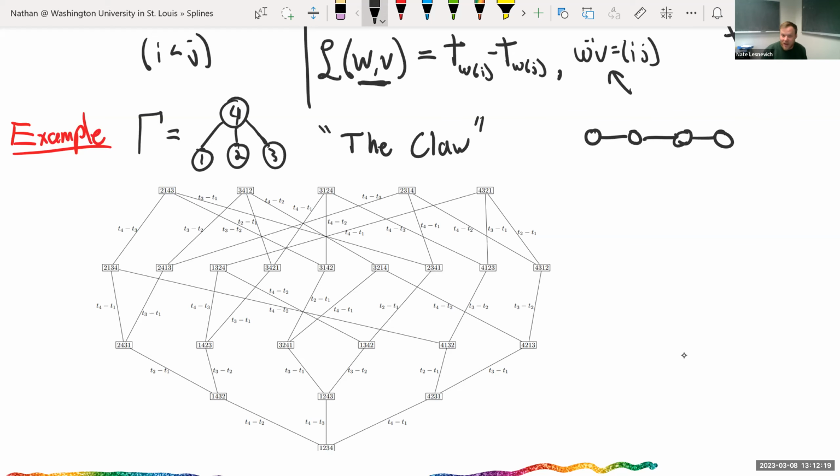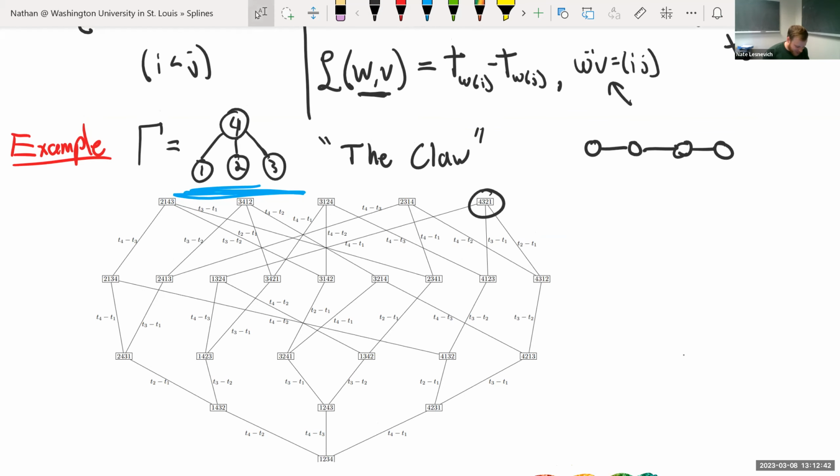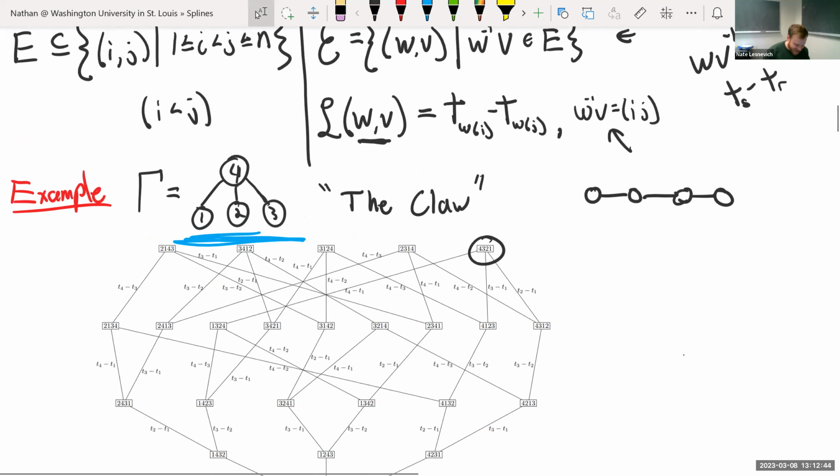There's not a unique maximal element here. The graph is still regular, so every single vertex is going to have 3 edges adjacent to it, because we are allowed to use 3 transpositions from gamma. Yeah, and I've done out all of the edge labels here. I did it in TeX.